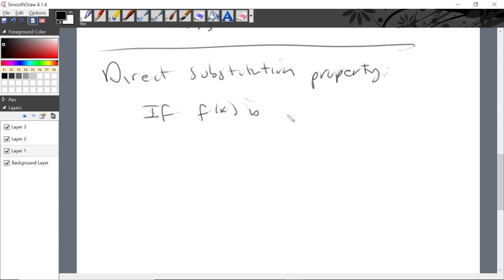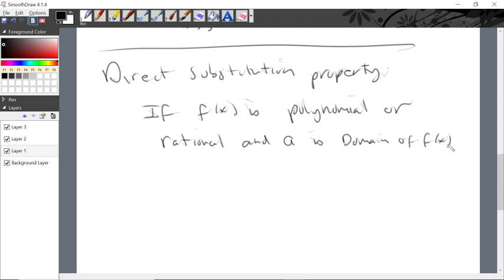If f of x is either polynomial or rational, remember that rational means a ratio of polynomials, and a is in the domain of f of x, then if we take the limit as x approaches a of that f of x, we can just substitute a into the function if it is polynomial or rational. So this is just equal to f of a.